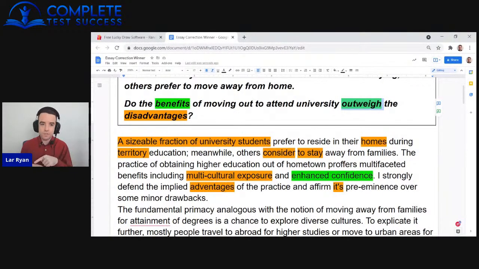Again, we could do it the other way around, that the disadvantages outweigh the benefits, and then it's just 2 disadvantages and 1 benefit. So either way is fine. So we have the 2 benefits, we have the fact that they outweigh the disadvantages, but no specific disadvantage in the outline statement.